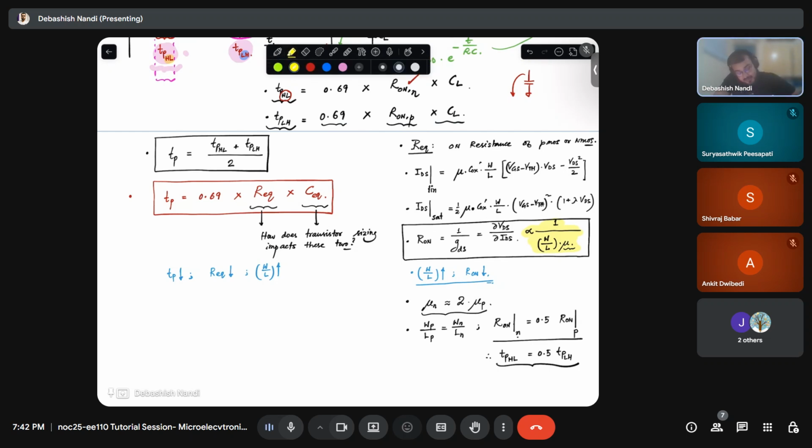So basically what is happening? I am telling you that the mobility of electrons is higher than the mobility of holes. It is almost twice. These are not the bulk mobility. Bulk mobility of silicon is 1350 centimeter square per volt second. But whenever conduction is happening in the MOSFET, it is near the silicon dioxide surface.